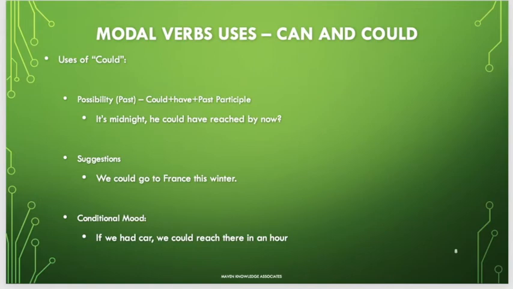He could have reached by now. I have made a separate video on past participle as well, so you can refer to that video. Suggestions: we could go to France this winter. Conditional mood: if we had a car, we could reach there in an hour.